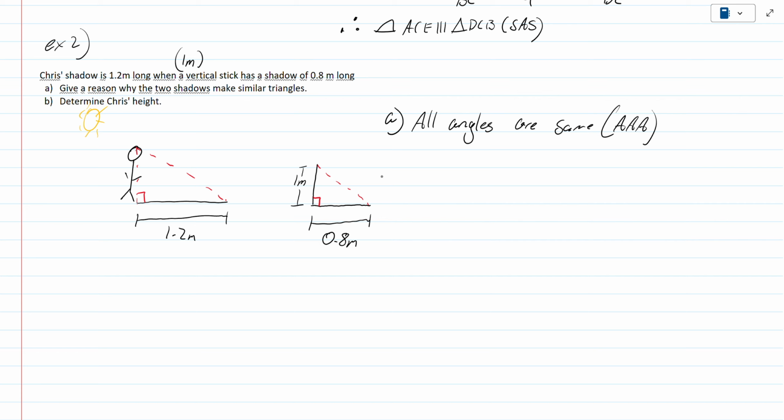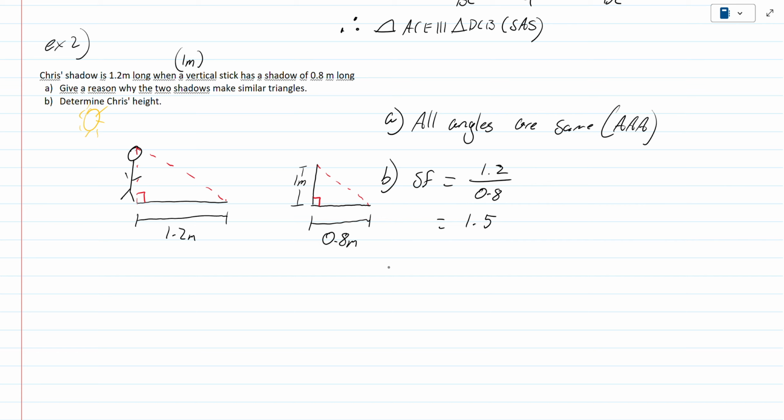To solve B, Chris's height, we need to use the scale factor. So the scale factor is going to be equal to the lengths of the shadows, 1.2 over 0.8. 1.2 over 0.8 gives you 1.5.